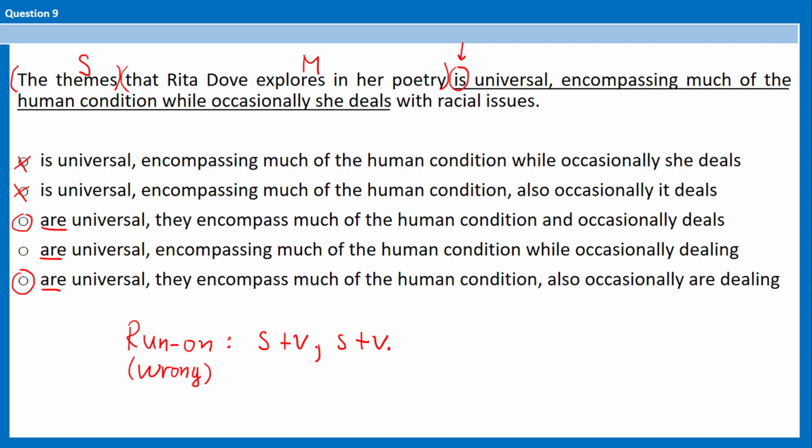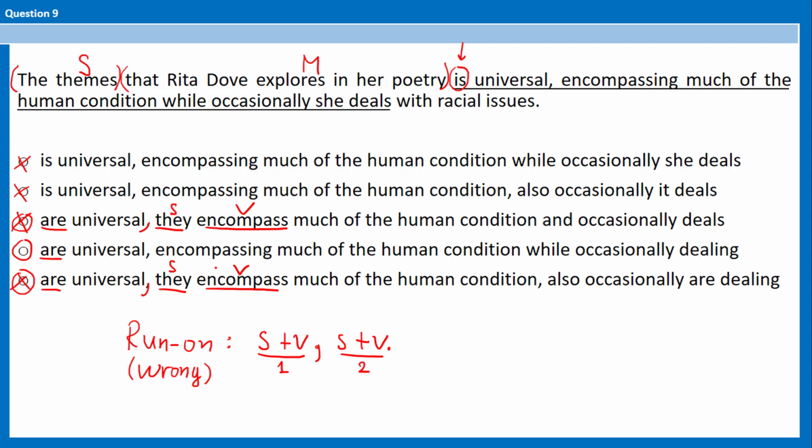You cannot connect 2 main clauses using just a comma. The themes are universal, comma, they encompass. The same thing happens in E. They encompass. They is a subject, encompass is a verb, and those are wrong. That's why the best choice is number 4.